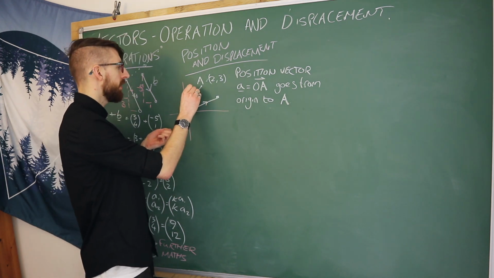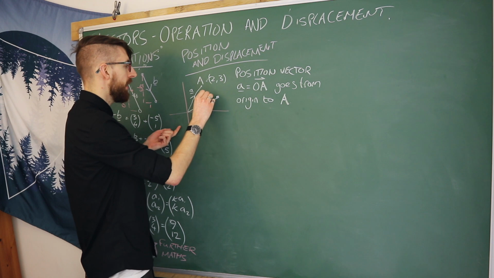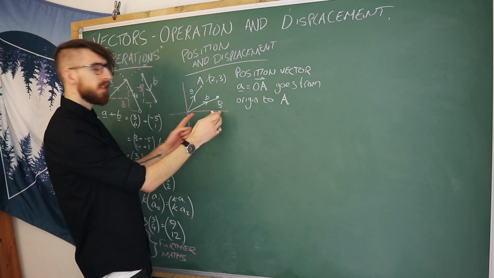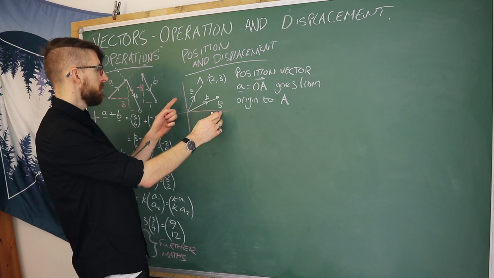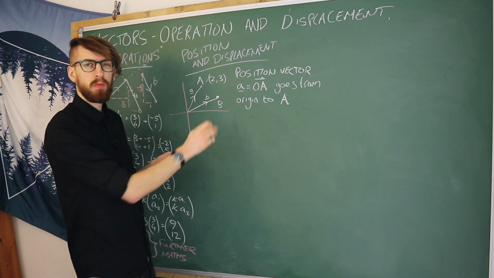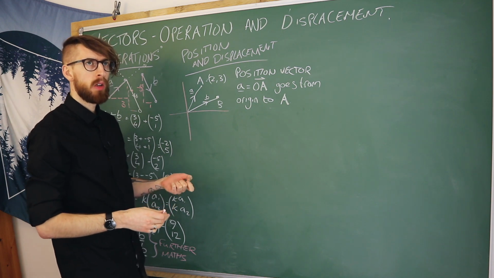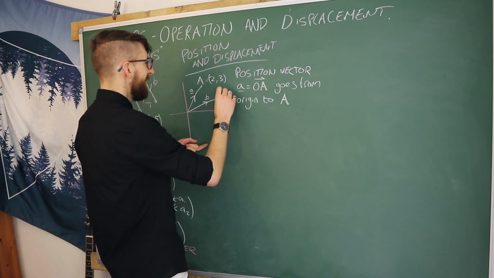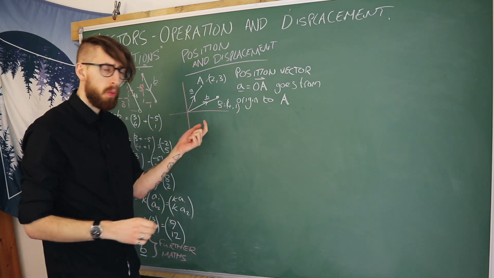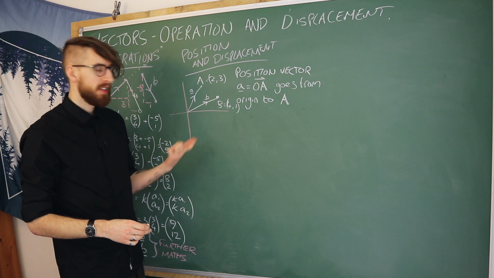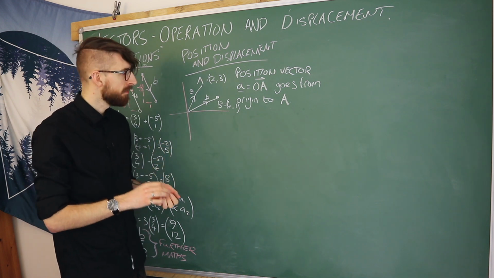This one was A, wasn't it? So let's call this one B, of course. This is point B. This looks like it might be 4, 1. So this is 4, 1. Then OB is just going to be 4, 1, of course.